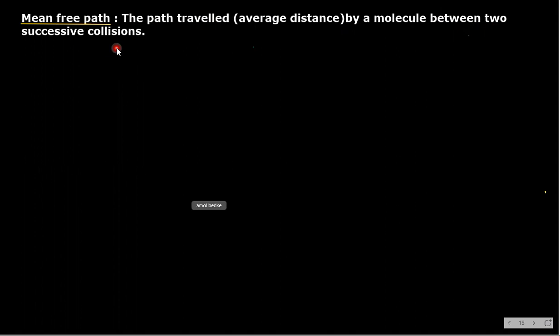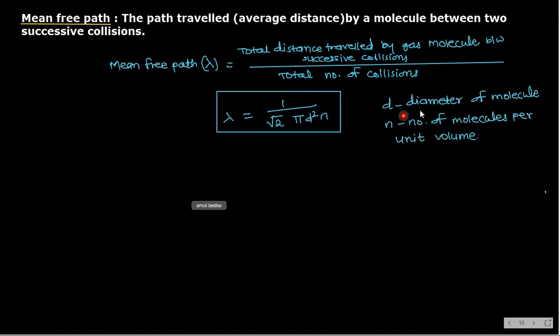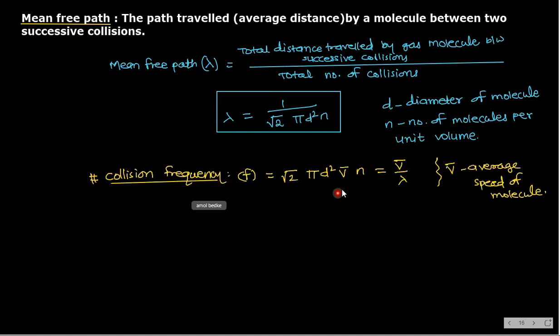Same thing here also. Two molecules, before colliding with each other, the distance they travel is the mean free path. And this mean free path is nothing but the total distance traveled by a gas molecule between successive collisions divided by the total number of collisions, and its formula is 1 by root 2 pi d square n, where d is the diameter of the molecule, n is the number of molecules per unit volume.